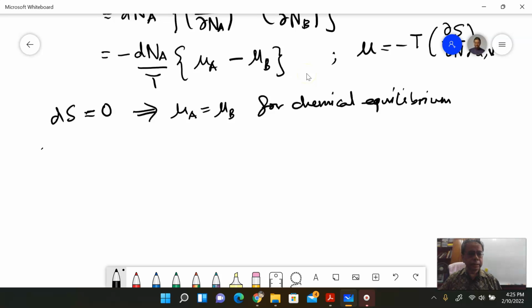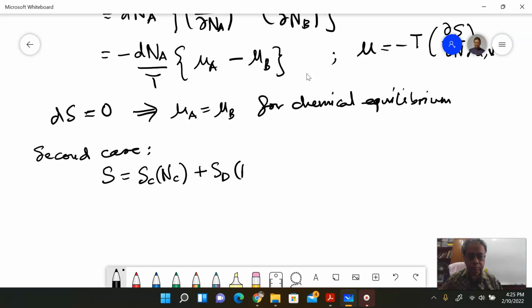What about the second case where you had a reaction? Let's try to do that. This is a bit more complicated than the one before because you have to consider 3 different particle species here, and their entropies, which are additive, as we know that entropy is an extensive quantity.